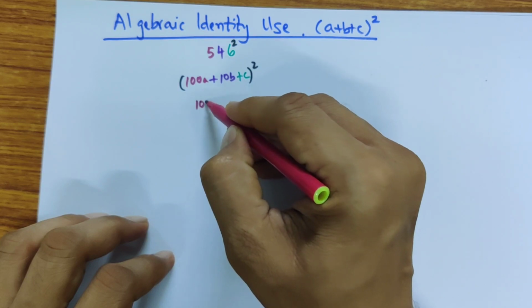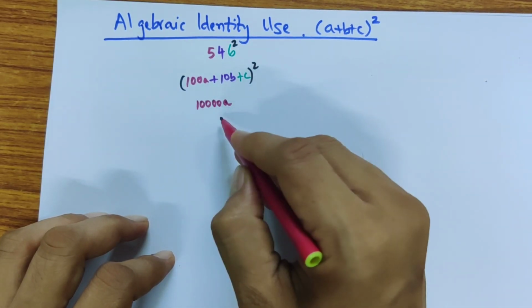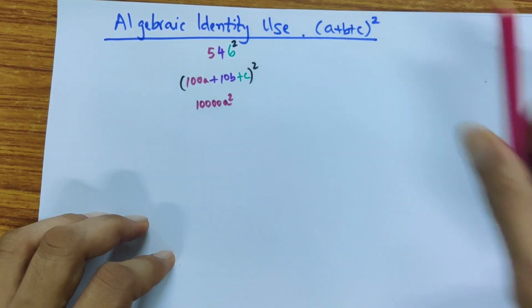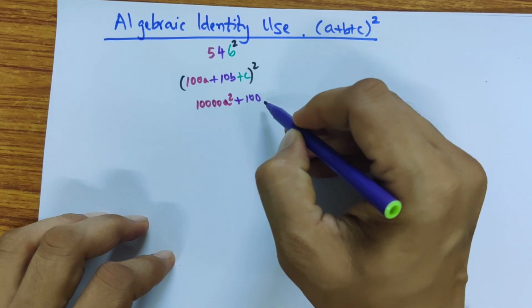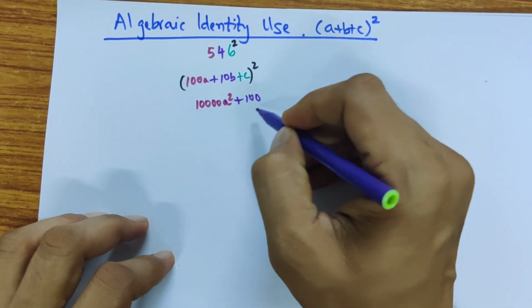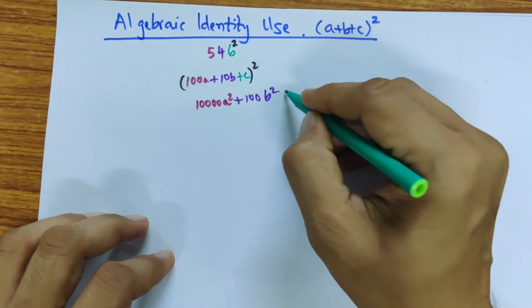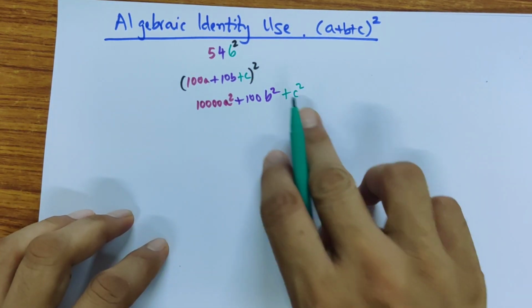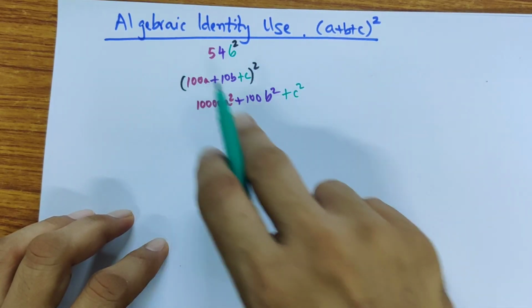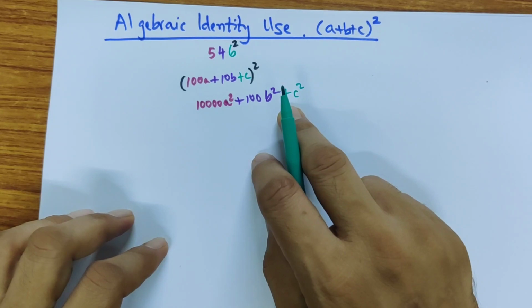So that is a square with 4 zeros, plus b square, which will be left shifted by 2, that's multiplied by 100, plus c square, which will be within 2 digits, because c is a digit, b is a digit, a is a digit. So these will be the first 3 terms.